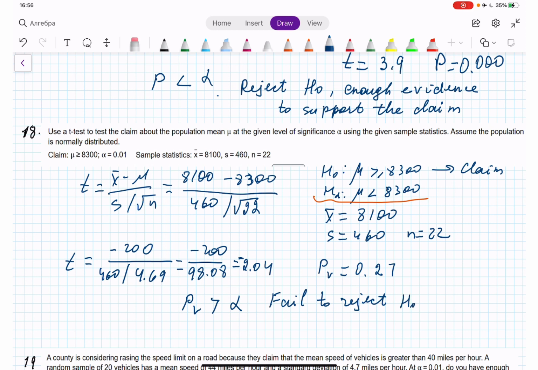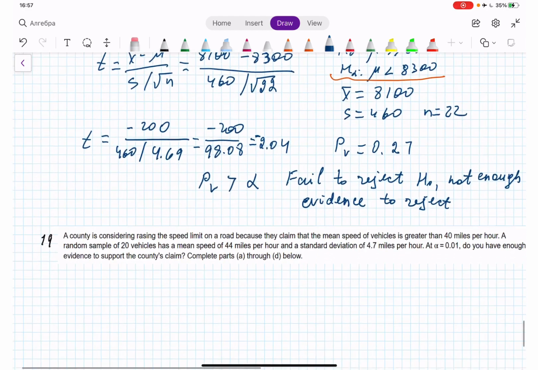Okay, and we can say there is not enough evidence to reject, at the 1% significance level.